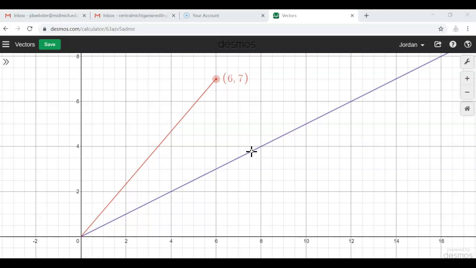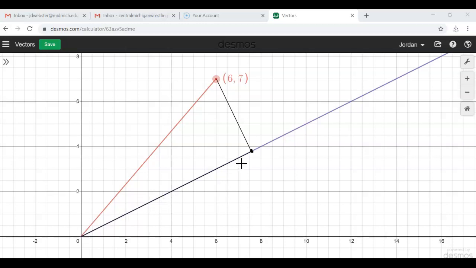So it's somewhere close to that point. I'm not being very precise, but I'm breaking my vector 6, 7 up into two vectors.